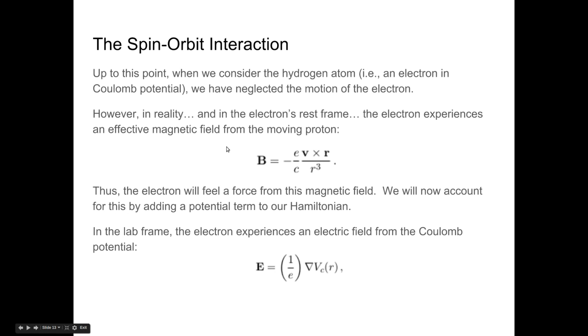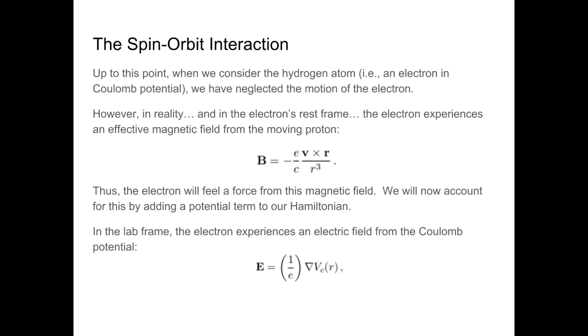The classical expression for that magnetic field goes like v, the velocity of the proton in this case, cross r, where r is the position vector. So the electron is going to feel a force from this magnetic field, and we want to account for this by adding a potential term to our Hamiltonian. We're going to treat it as a perturbation, assuming it's a small effect, okay?